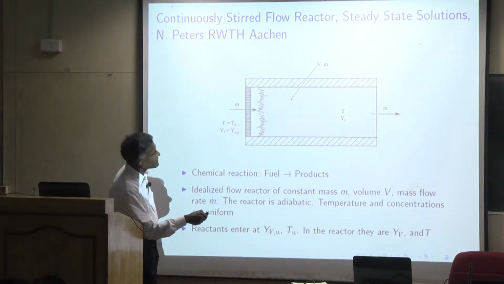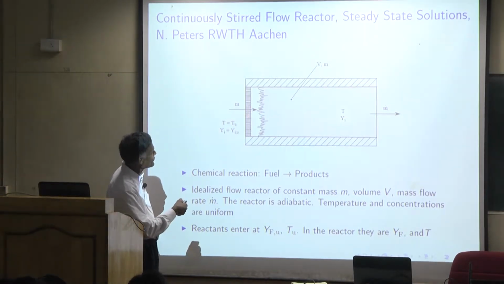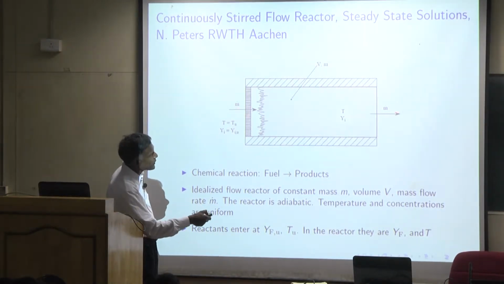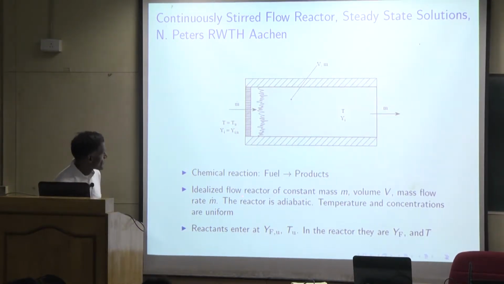And then we have the product flows out. The same, so it's a steady state process. Therefore, whatever comes in is flowing out. No net accumulation of mass. Inside this stirred flow reactor, the temperature is T, and Yi is the mass fraction of the various reactants.